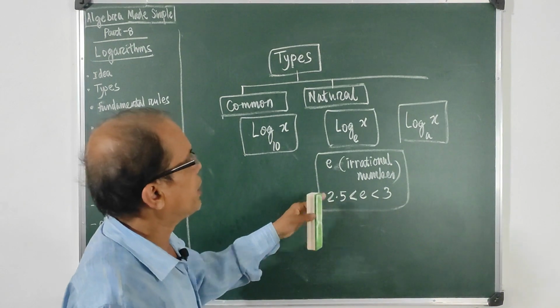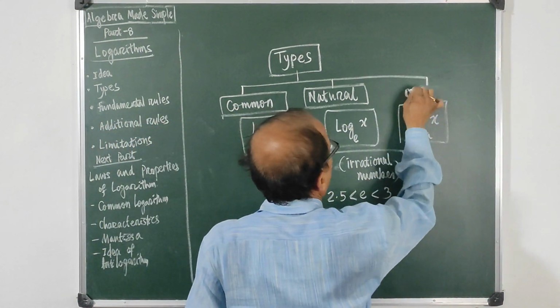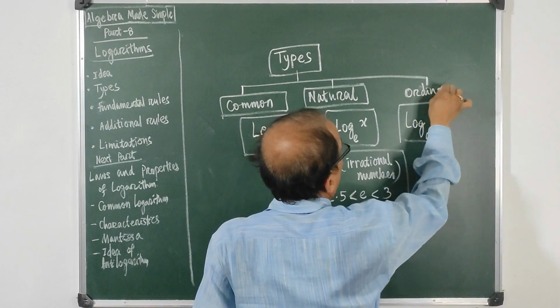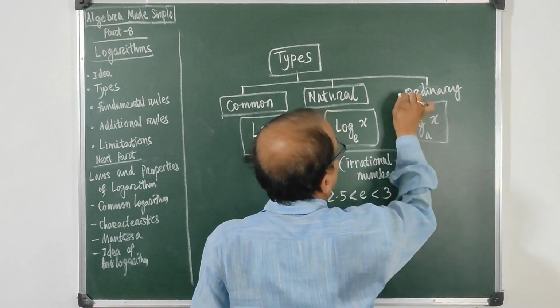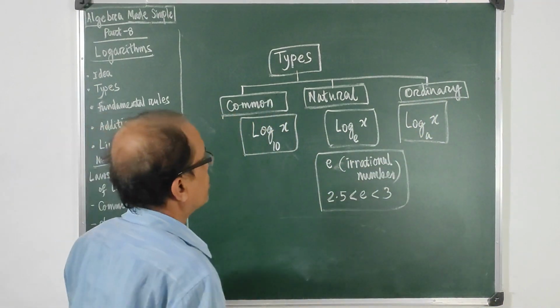You will study it later on. And the third one is the ordinary logarithm: when the base can be anything other than 10 or e, the logarithm will be called ordinary logarithm.